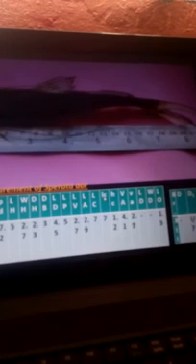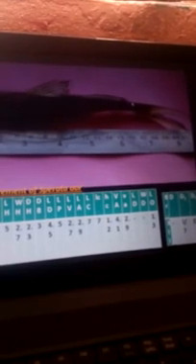Likewise, we have length of the caudal peduncle. It is the distance from the posterior region of the anal fin up to the caudal fin base. Height of the caudal peduncle means in this region, from the top to the bottom, we take the length vertically.